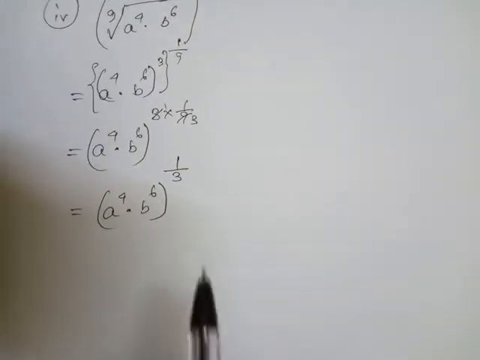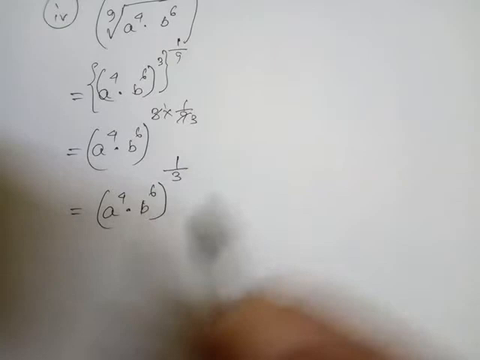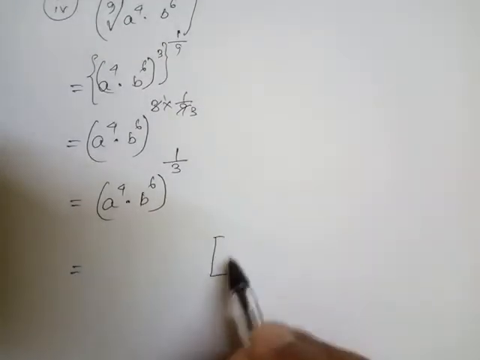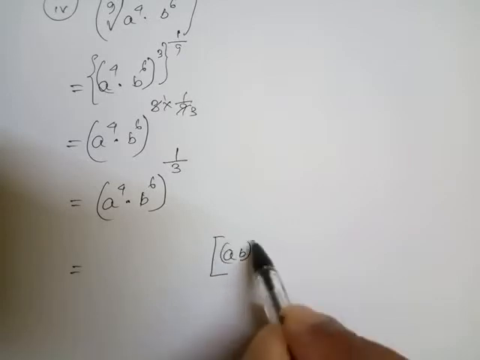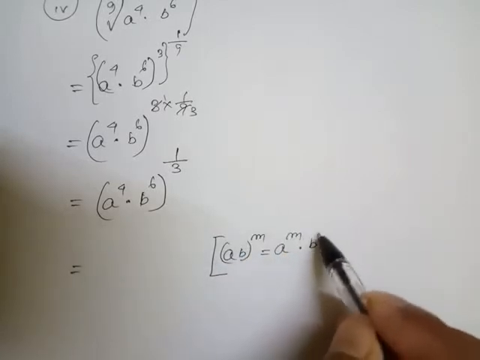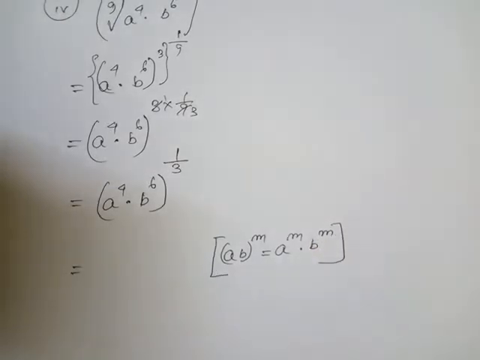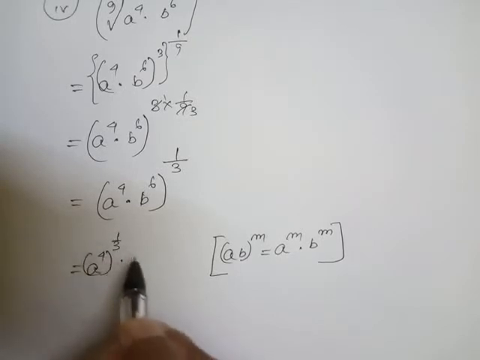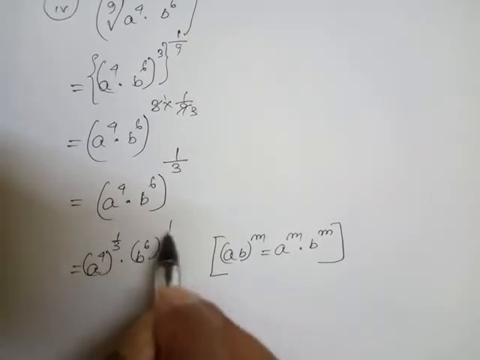So a to the power 4 like this, b to the power 6. Now look here, we'll use the formula that ab whole to the power m is a to the power m into b to the power m. That formula I will use here.